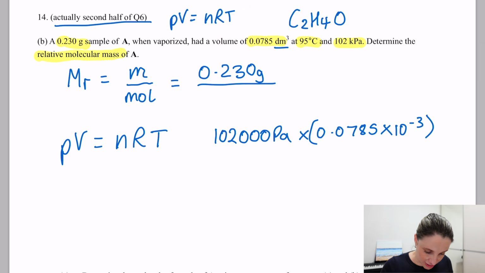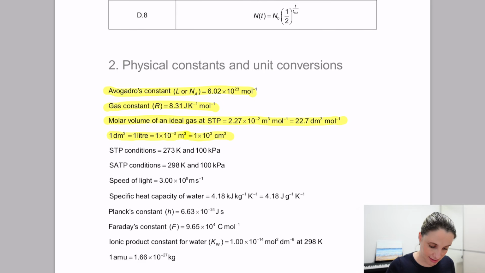And then we're going to say that equals the other side of the equation, which is the moles, the thing that I'm trying to work out this time, times R, which is the gas constant. Remember, we find that in the data booklet here.